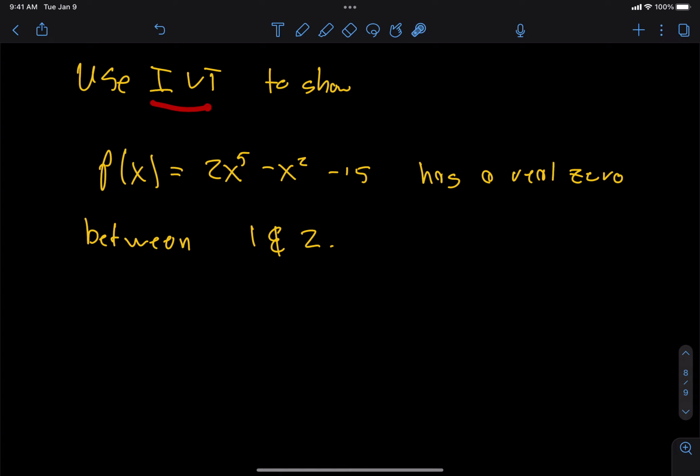So what does the intermediate value theorem say? Can someone sum it up for me in layman's terms? For A and B, and A is less than B, and f of A is less than f of B, then you have like C and D, something like that. Something like that, right?